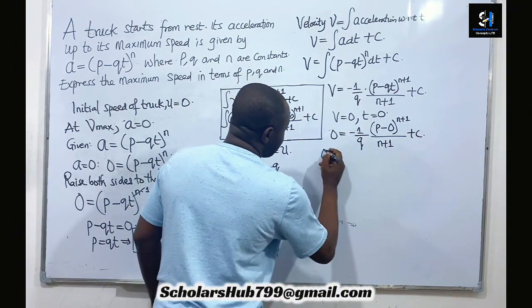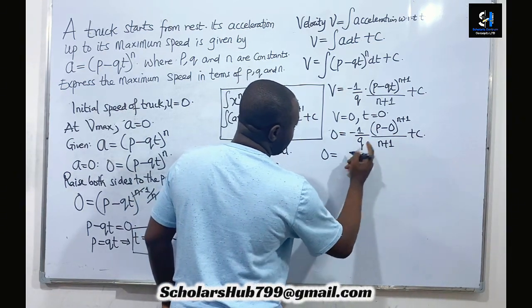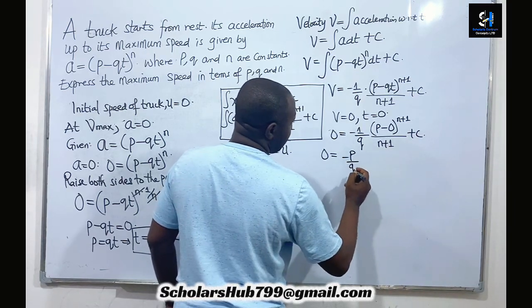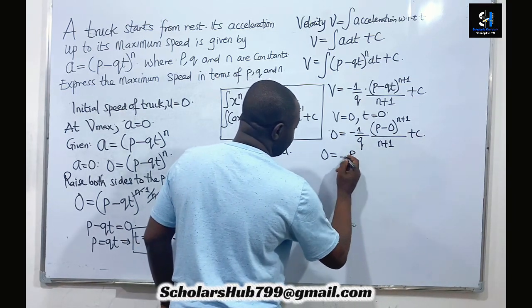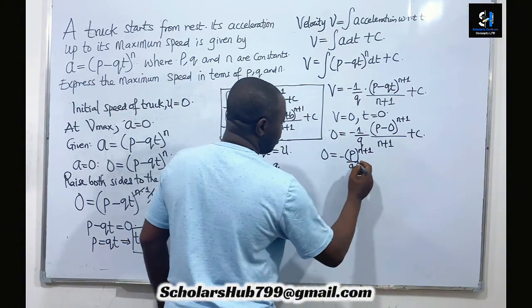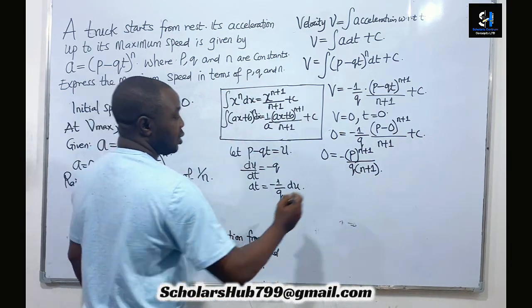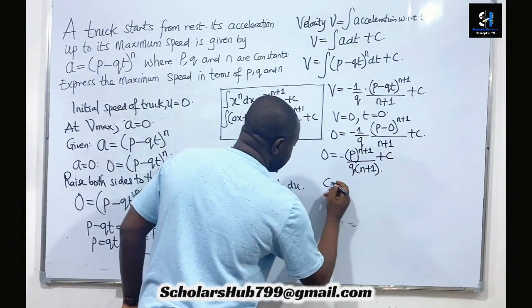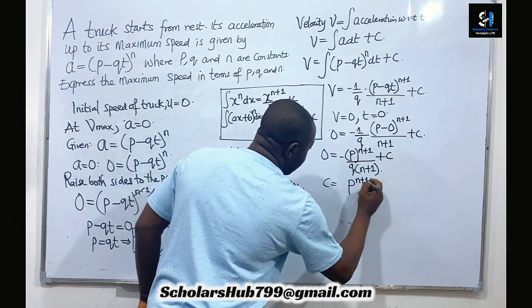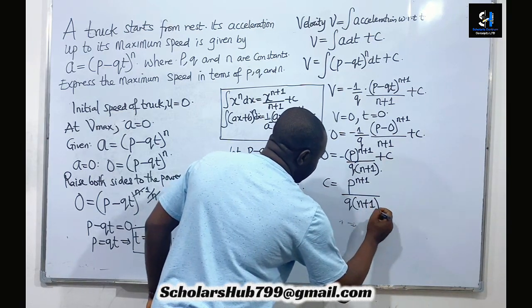So 0 equals minus p raised to the power of n plus 1 over q multiplied by n plus 1, then plus c, so that c will be equal to p raised to the power of n plus 1 divided by q parentheses n plus 1.